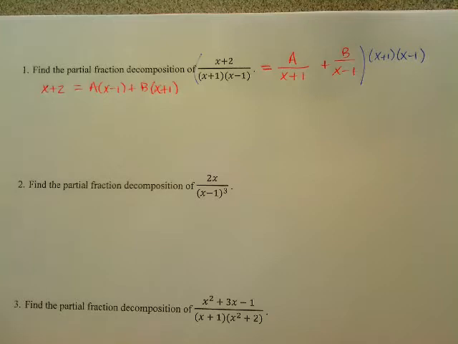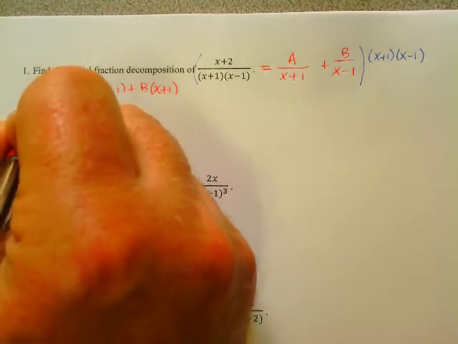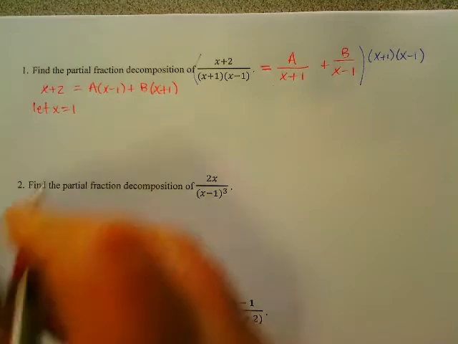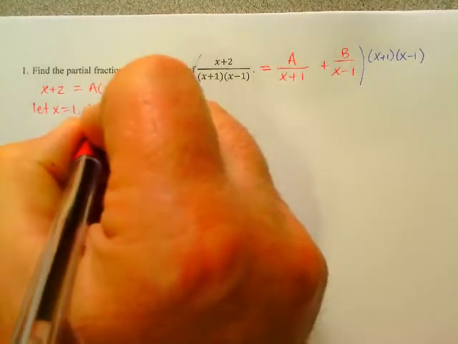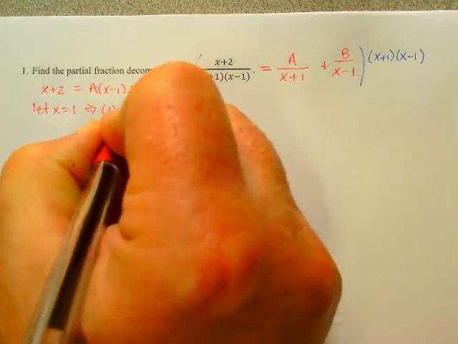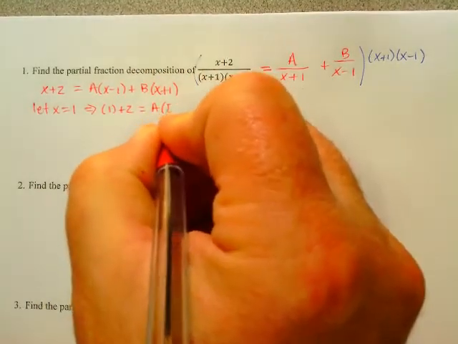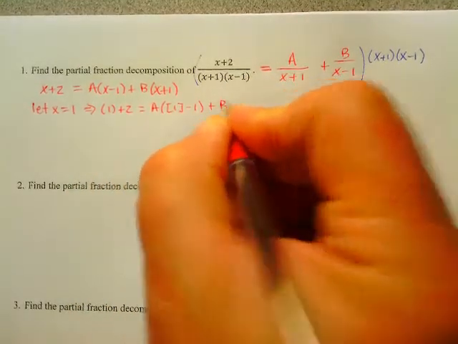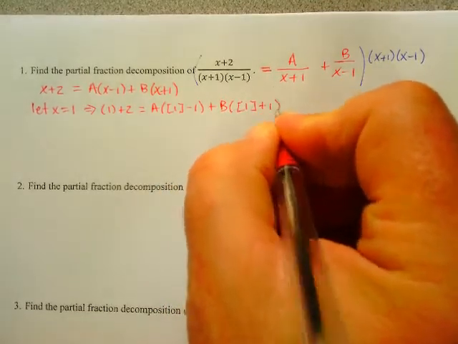Alright, so let's go ahead and, in a similar fashion to our example, let x equal 1 and see what that gets us. So here we would have 1 plus 2 equals a times 1 minus 1 plus b times 1 plus 1.